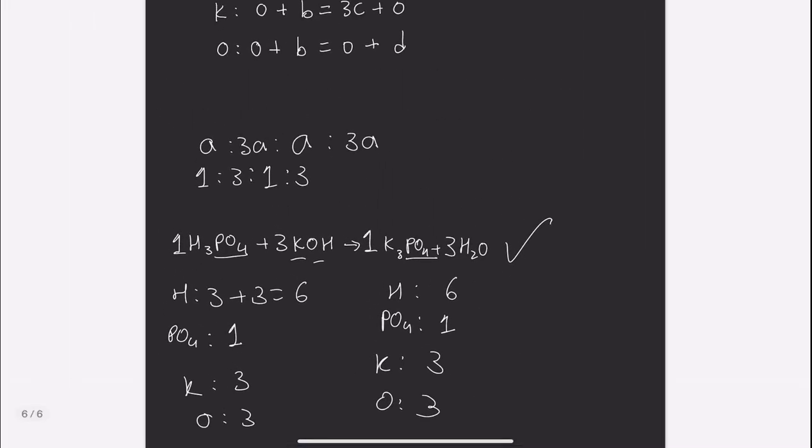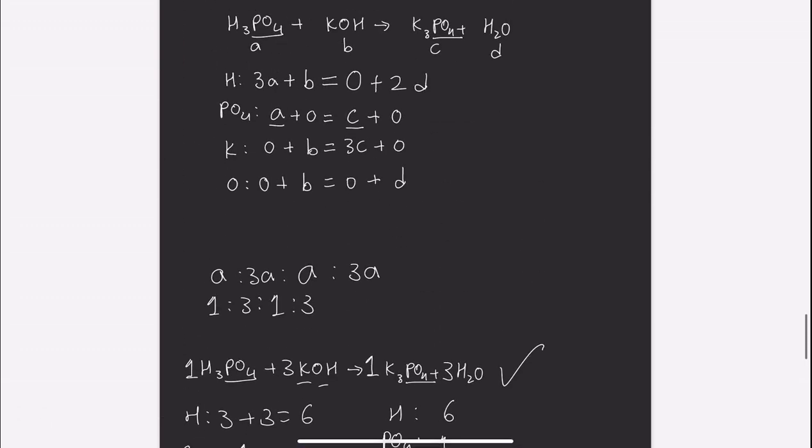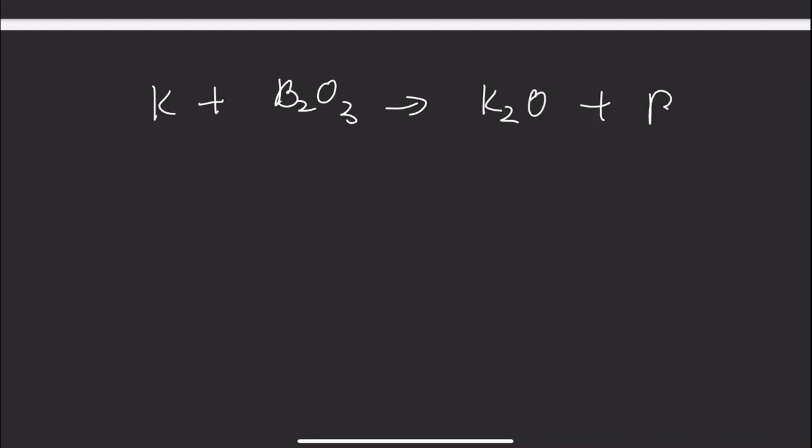So this is how you do a balancing an equation question. Let's try one more. K plus O2 goes to K2O.